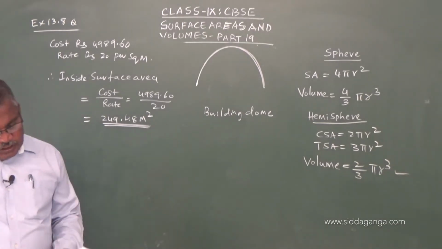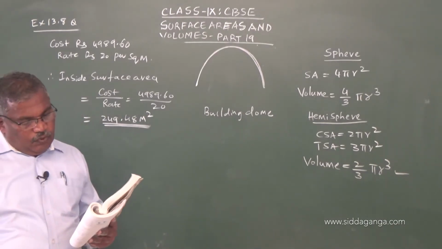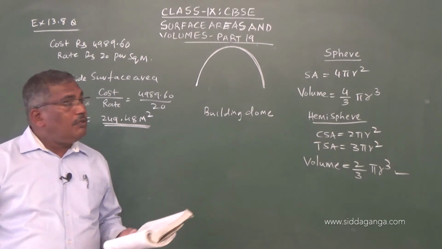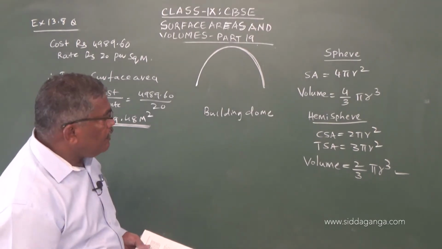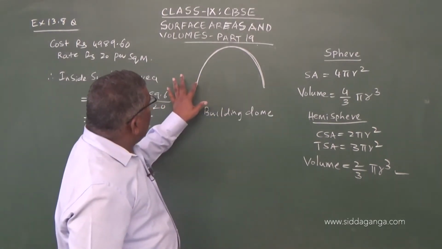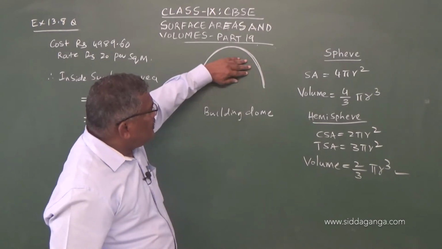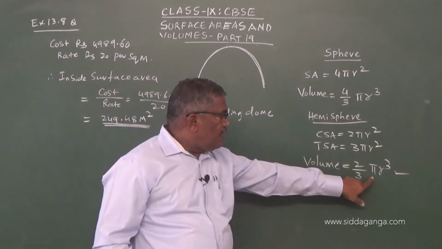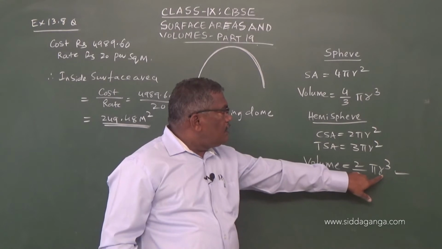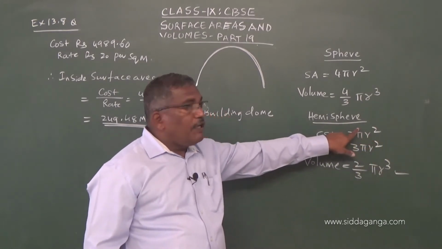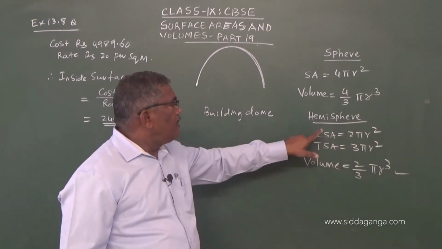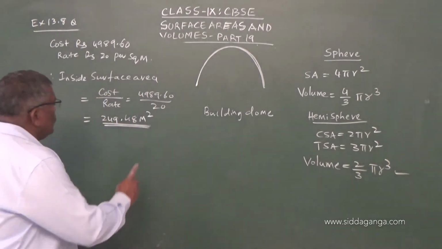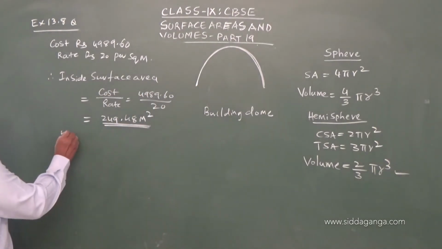The next question is the volume of air inside the dome. To find the volume of air filled in this, we need R. We can obtain R from the curved surface area.